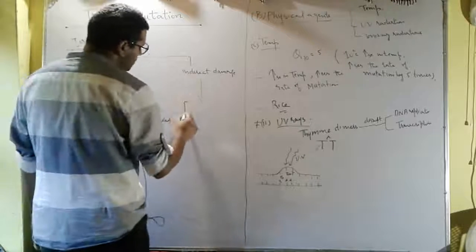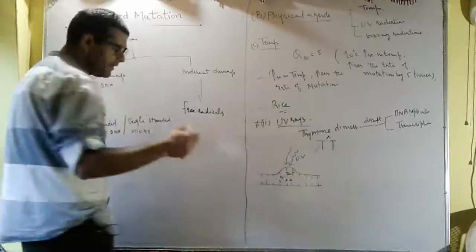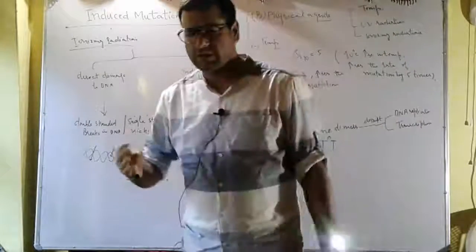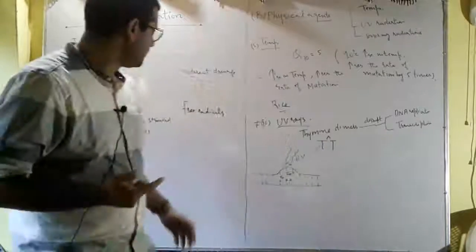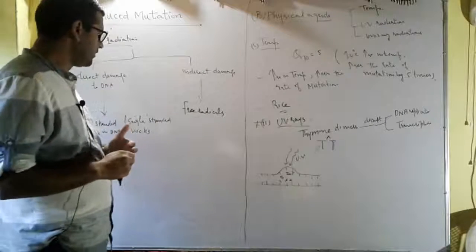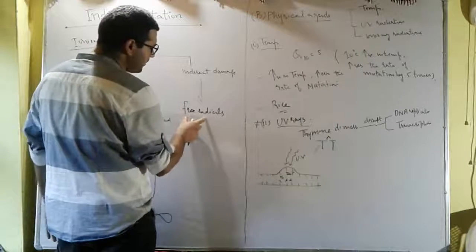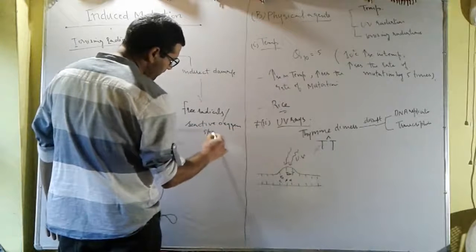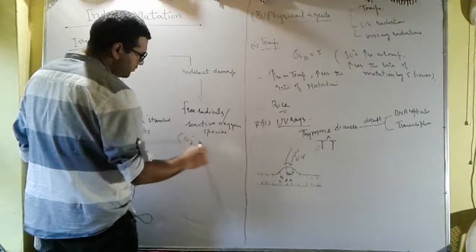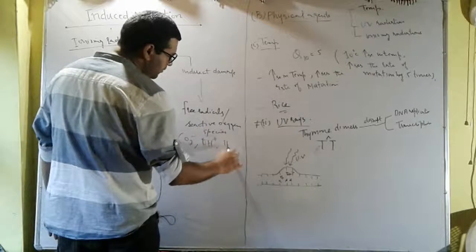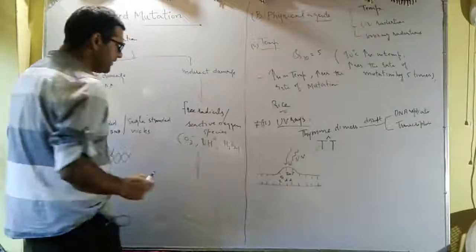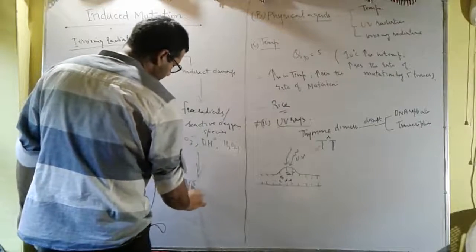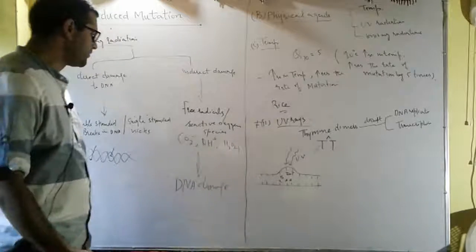And ionizing radiations also cause indirect damage. They form free radicals. Free radicals are highly reactive chemical species, and they react with molecules and atoms, because of which the structure of these molecules gets altered. Sometimes they also form reactive oxygen species, for example O2-, hydroxyl OH, or hydrogen peroxide H2O2. These free radicals and reactive oxygen species damage the DNA, and when there is damage in the DNA, it ultimately results in mutation.